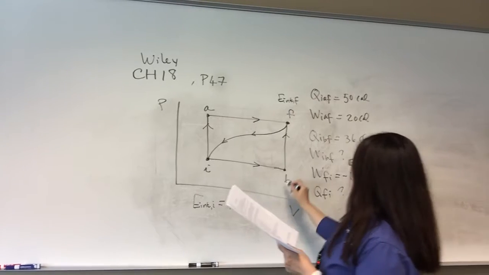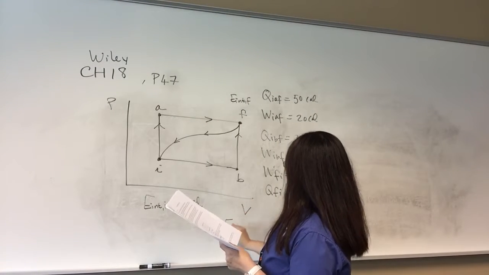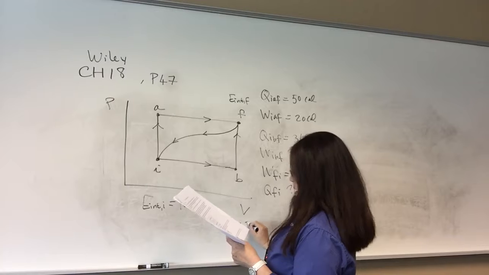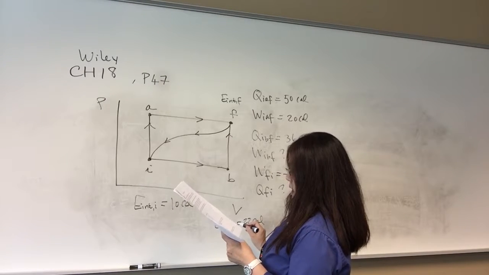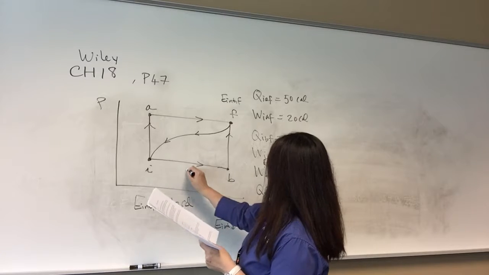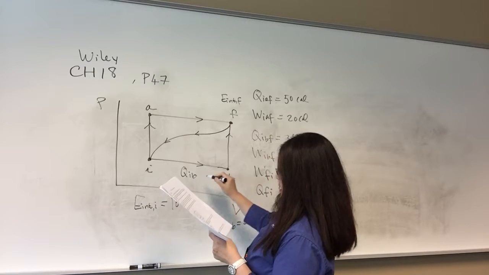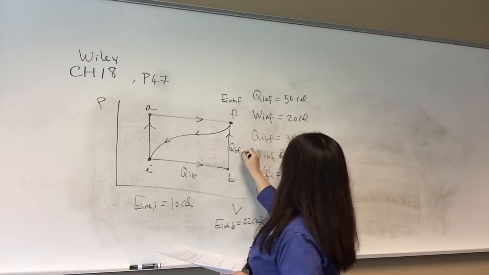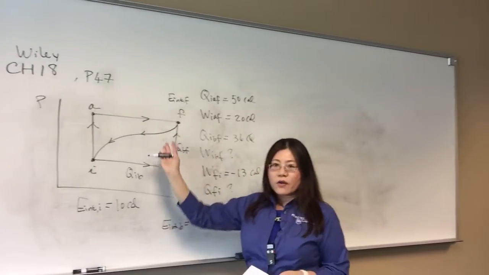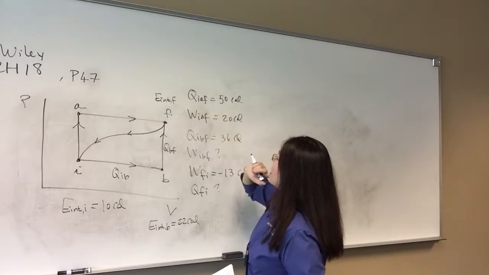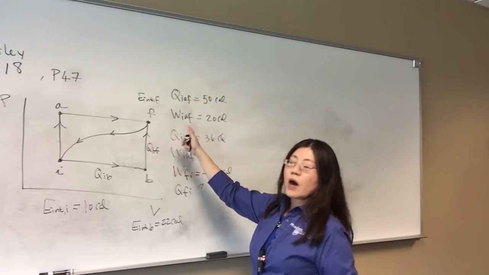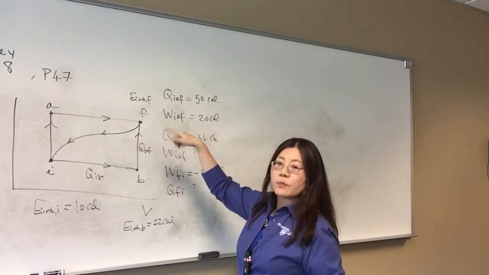And if the internal energy at point B is 22 calories, what is Q for IB? So QIB and then QBF. So you can see that you have a lot of different paths, so it's very important that you actually write down the Q and W accounting for the path, because they are path dependent.